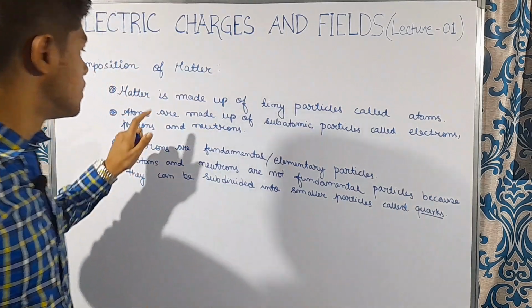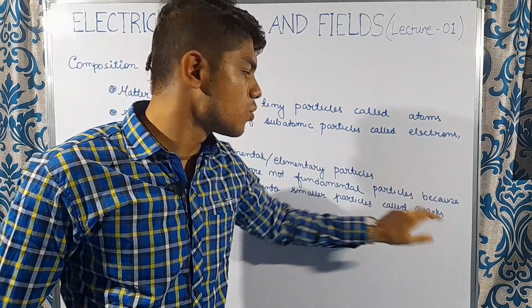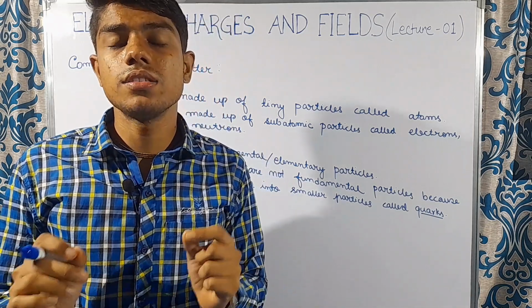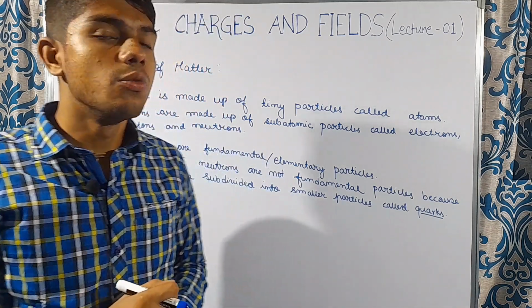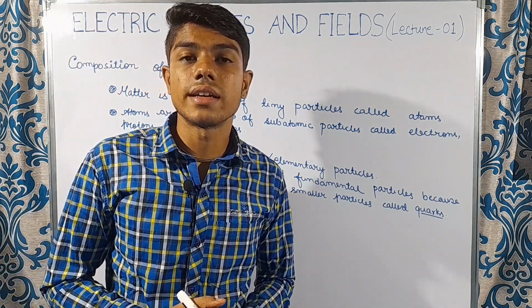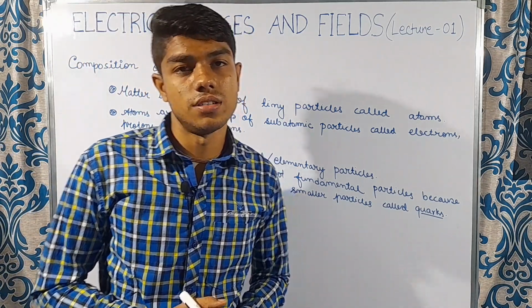Thus, the electrons and quarks together form the elementary particles of matter, which means they are the smallest particles of matter that cannot be divided further.